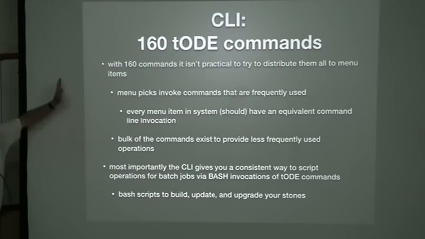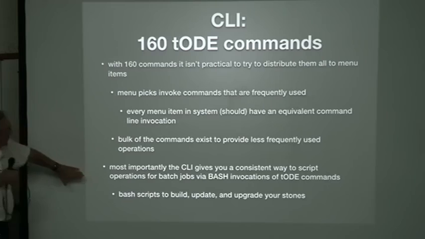So the rest of the 160 commands are useful things to do in Smalltalk, but don't necessarily fit into a particular GUI or menu item. And so most importantly for me, this gives you a consistent way to script batch jobs, all right? And you can call tODE scripts from bash. So this means that you can run a command through the menu item.